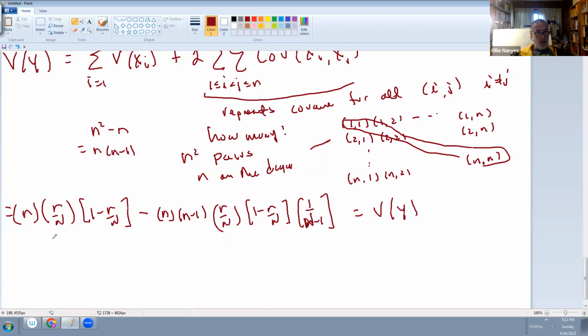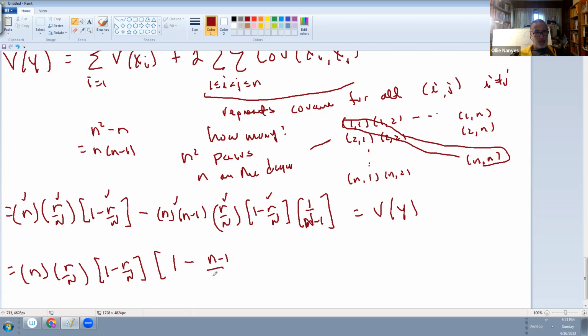Now, notice we have this factor n, r over n, and p, q. So it's n, r over n, n, p, q. Then we've got our correction factor. So we have a 1 minus, then we have an n minus 1 over big N minus 1.